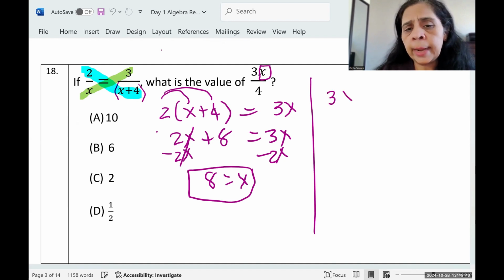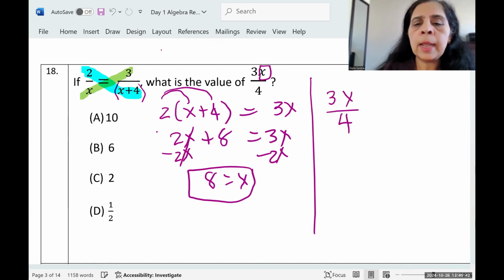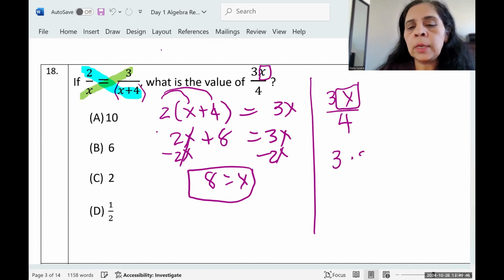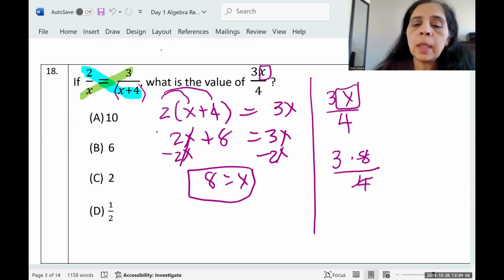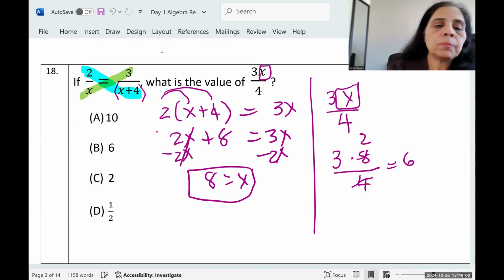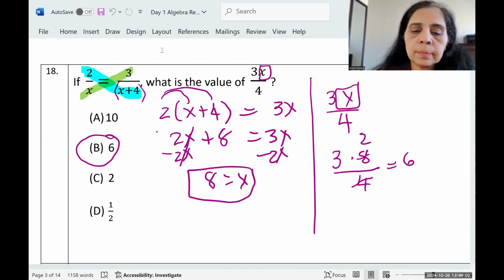So 3x over 4. Wherever x is, we just need to write 8. So 3 times 8 over 4. I will not multiply first, I can reduce, so that way it will be easy. I can reduce by 4. 4 times 2 is 8, so 3 times 2 is 6. That is my final answer.